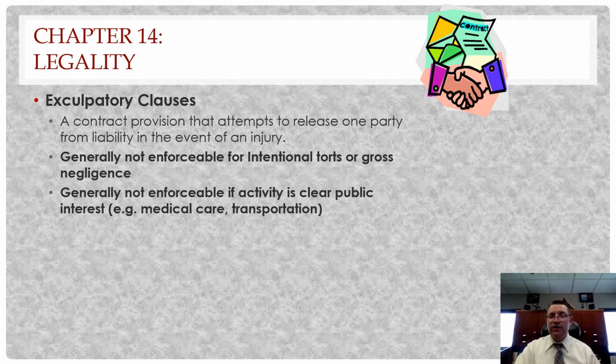Those are going to be valid contracts in those situations, unless it's bad public policy, and I've given you a couple of ideas where the courts have come back and said, yeah, bad public policy in those scenarios, we're not going to allow them to require you to sign exculpatory clauses. If they do, we're going to void that particular exculpatory clause.